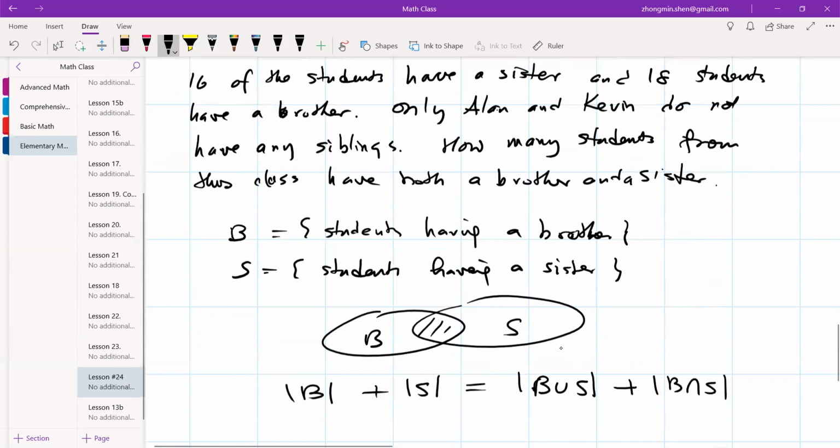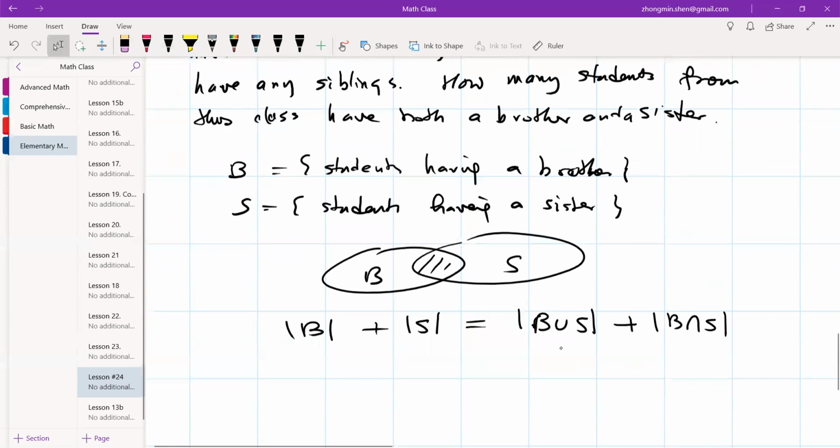I already explained why I have to add that: when you add those two groups together, there's an overlap part, so the sum is going to be larger than the number of students in the union. So plus the overlap part.